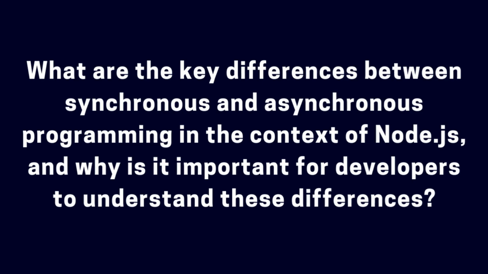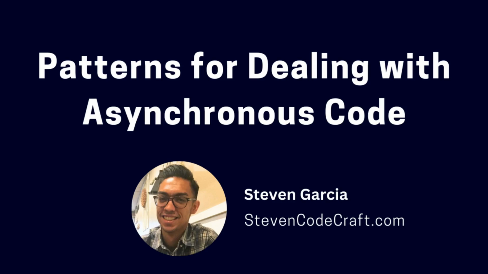Asynchronous programming, on the other hand, allows the program to initiate tasks, like I/O operations, and move on to other tasks without waiting for the previous ones to complete. Understanding these differences is crucial because asynchronous programming helps prevent bottlenecks, making applications more efficient and responsive by not allowing a single slow operation to halt the entire program.